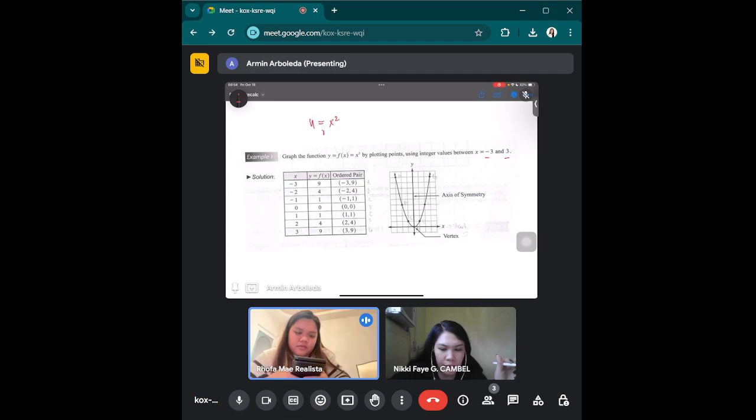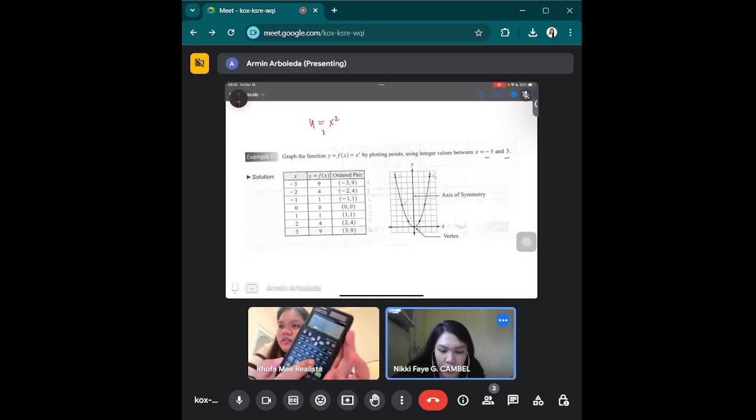Wait lang po. Ito pong parentheses. Yung x, oo. Tapos ito po yung papakita. Tapos yung square, which is yung x squared po na button.